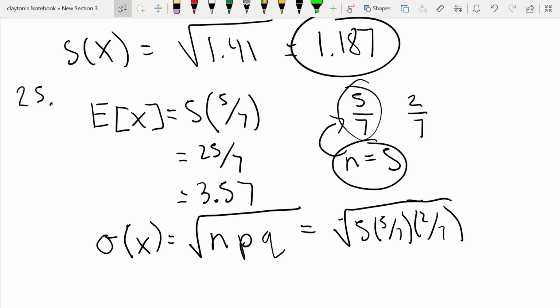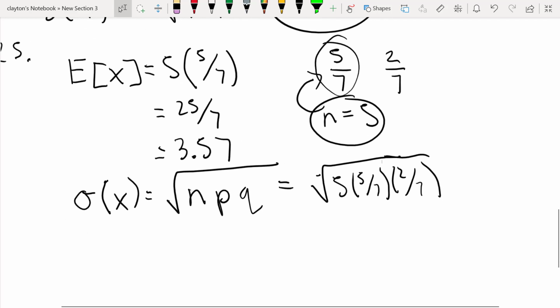So I'm sticking to my answer, unless I'm reading this distribution wrong. It says find the variance and the standard deviation. Well, the standard deviation, sorry, I did my square root. Oh, wait, no, this would be the variance. I didn't take the square root yet, sorry. So let's leave this here.